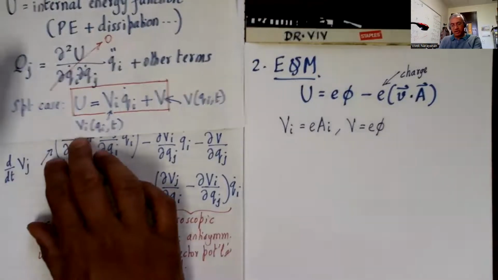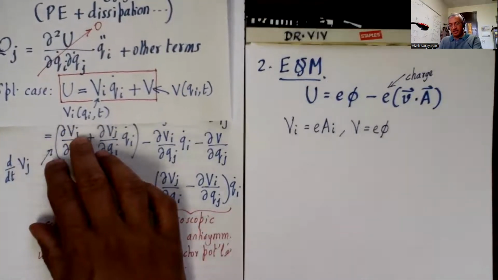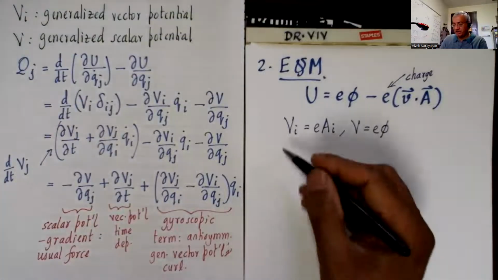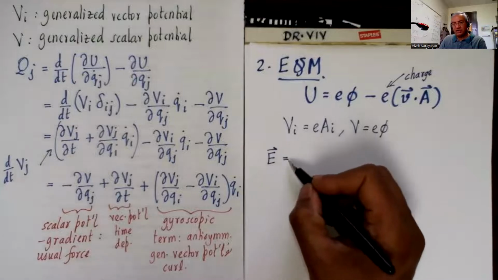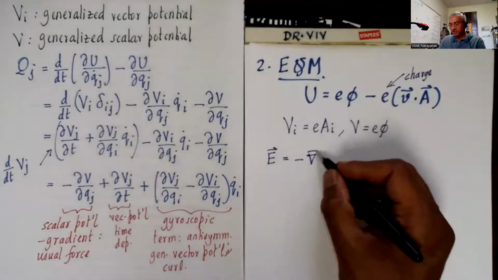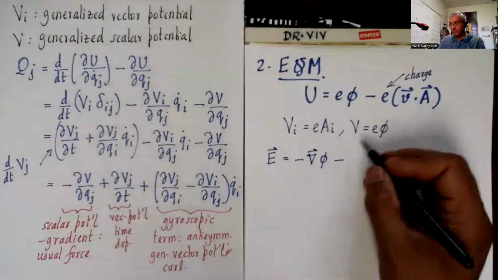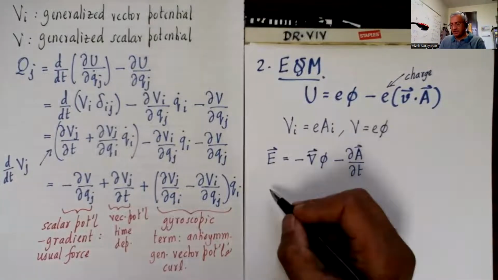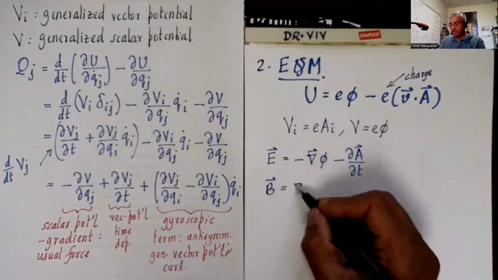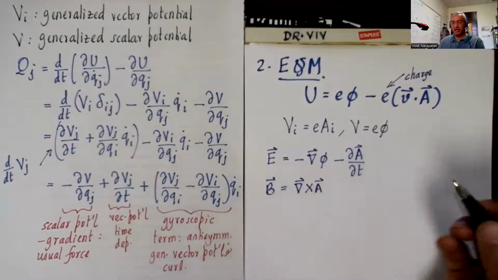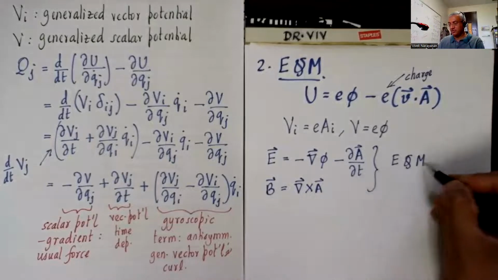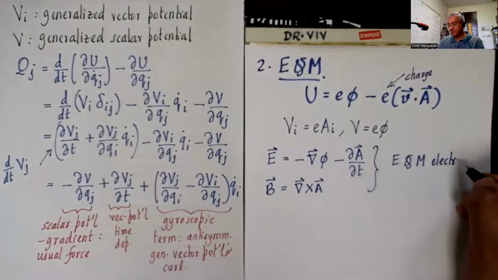By the way, if you were wondering what this phi and A are, for those who have taken electrodynamics, it'll be no mystery. Others will just have to accept this. The electric field is given by the negative gradient of phi minus del A by del T. And the magnetic field B is given by the curl of the vector potential A. So these are the usual E&M fields, electric and magnetic fields.